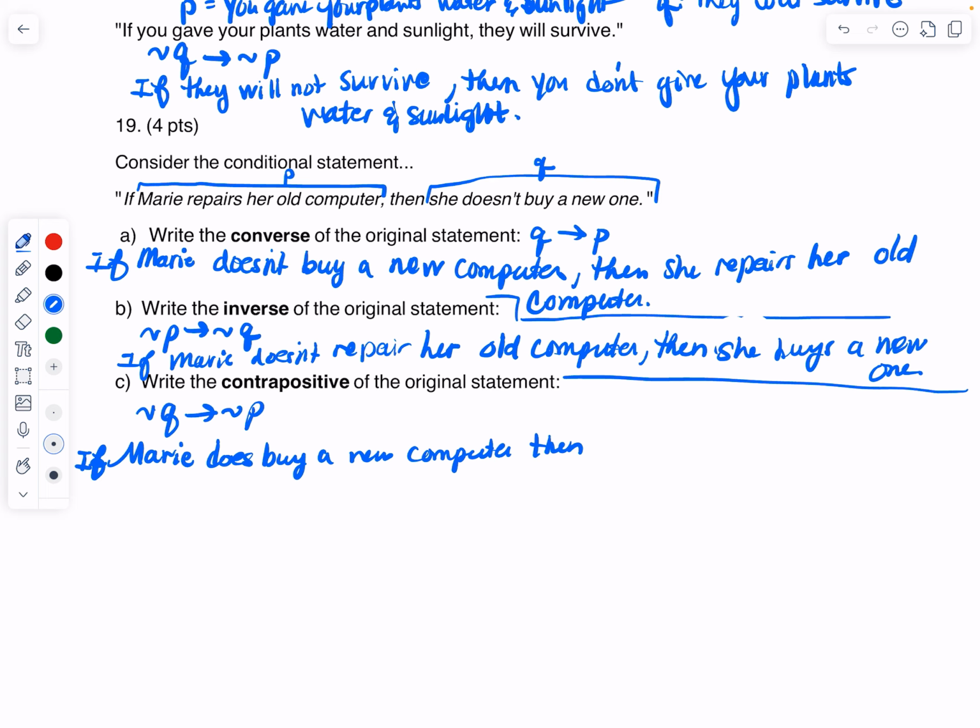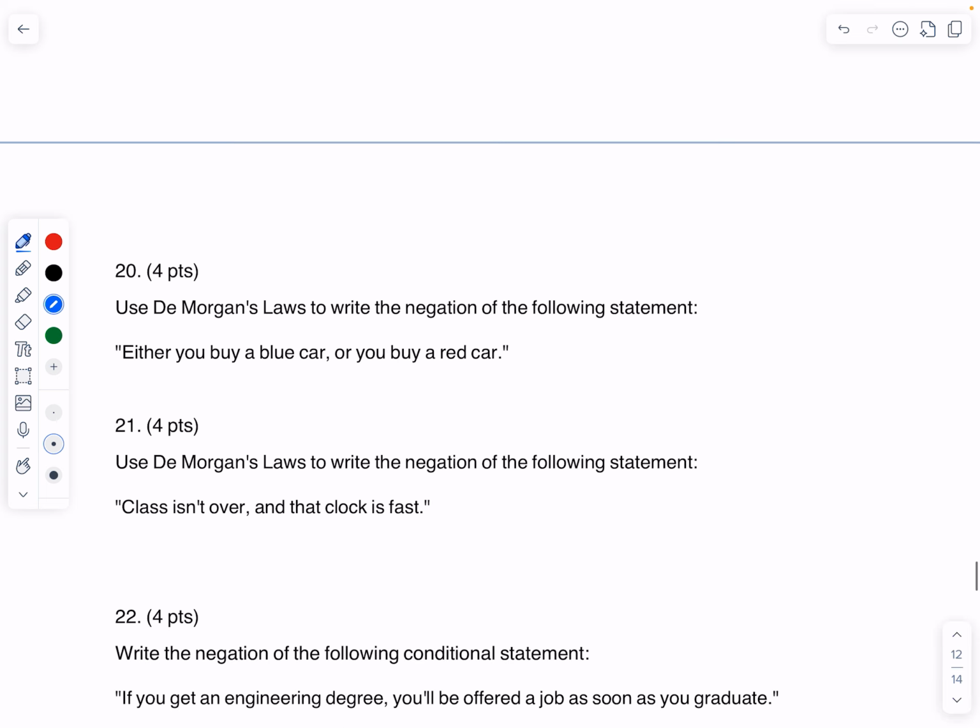If Marie does buy a new computer, then negation P is she doesn't repair the old one. Okay, so that was number 19.